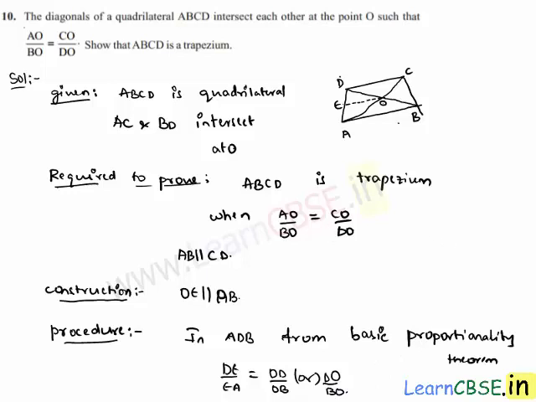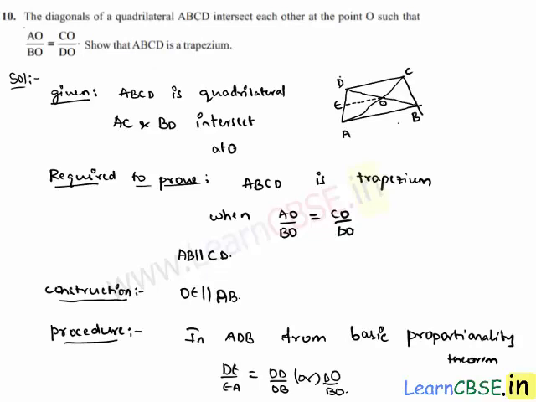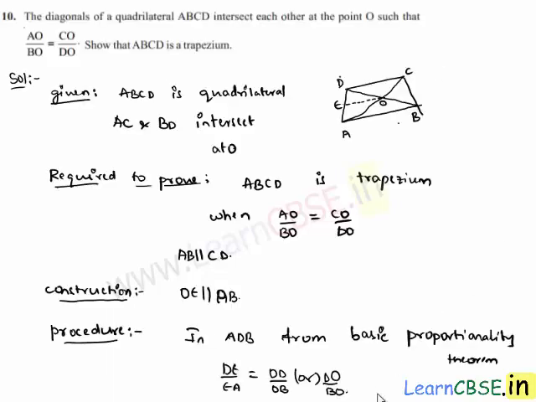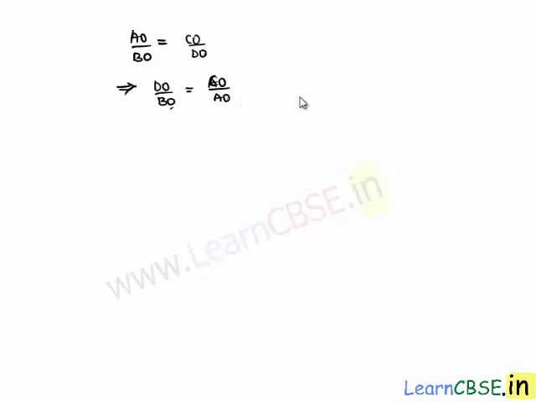Now, if we consider the given statement that AO by BO is equal to CO by DO, this can be written in the form DO by BO is equal to CO by AO. Now, instead of DO by BO in equation 1, let us substitute the value CO by AO.